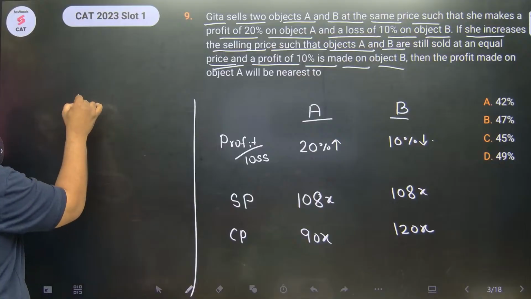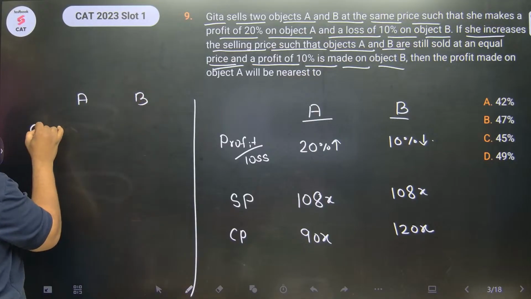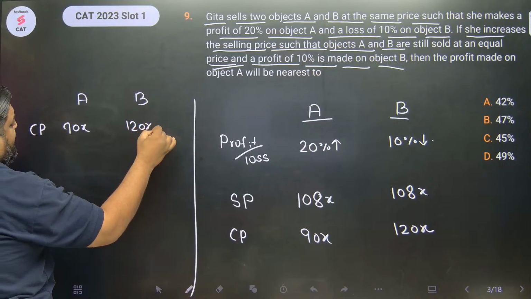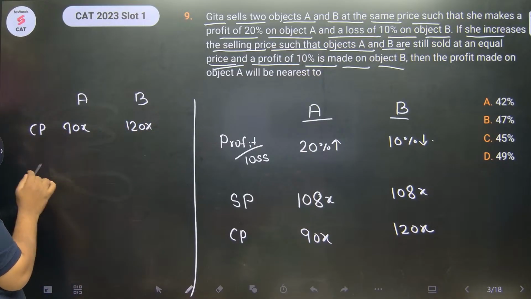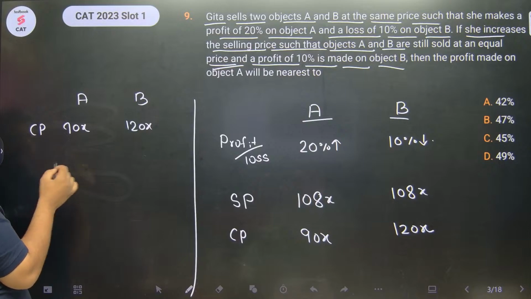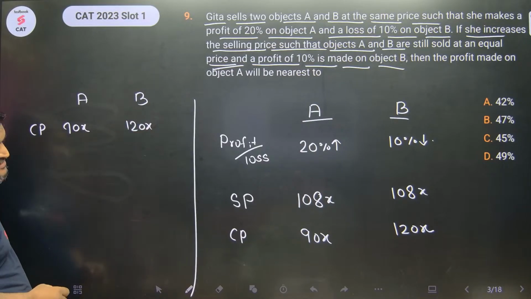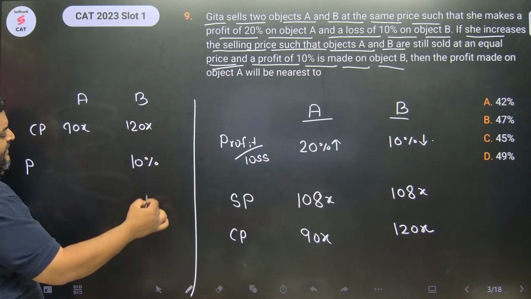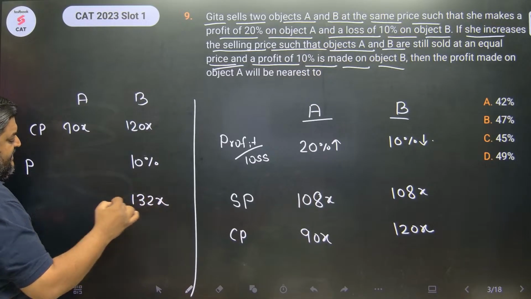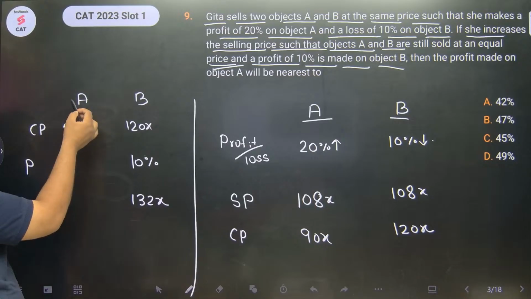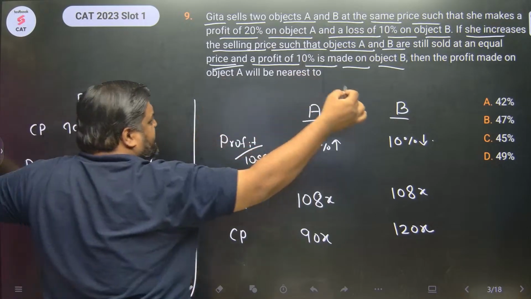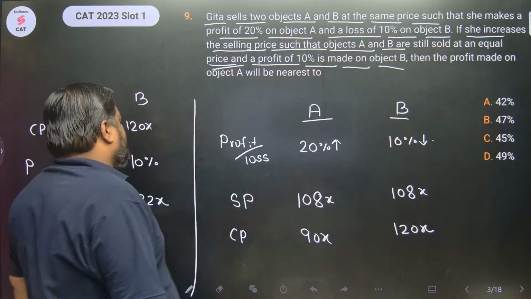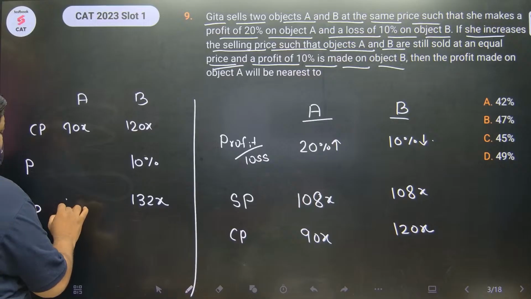Now in the second case, you know the cost prices, which are 90x and 120x, and the selling prices of both are the same. But in the case of object B, she is making a profit of 10%, so the selling price would be 132x. And for A, she is keeping the selling price the same. The selling price of objects A and B is still an equal price. So the selling price of A is also 132x.